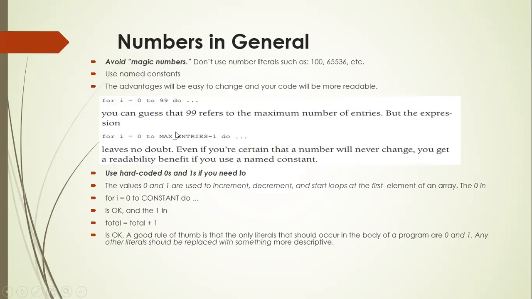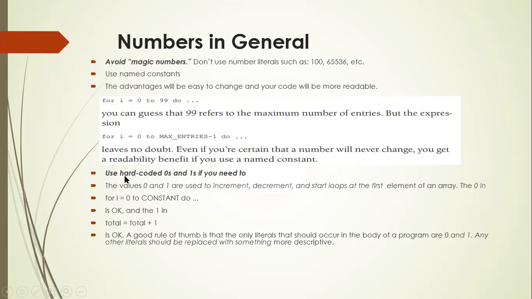But with maximum entries, wherever we have defined our named constant, like const maximum entries equals something, if we change the value there, then automatically wherever we have used this named constant in our code, those values will also be changed. So it's much easier to maintain, and it's also readable. Therefore, we prefer named constants instead of literals.